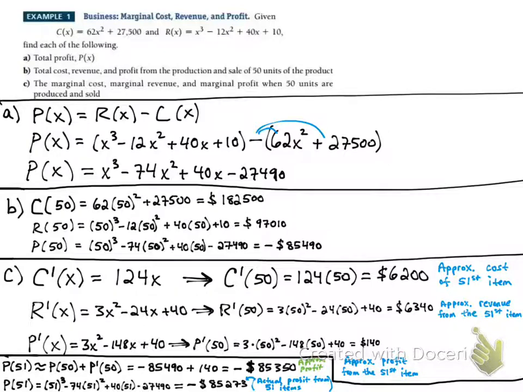You can see that the two numbers are pretty close to each other, but they're a little bit different. So the marginals won't approximate something perfectly, but they do give us a pretty close estimate when we don't have enough information to find the real number. In this case, we had both functions, so we were able to compute the real number and the approximate number, but most of the time we don't have the real function, so we just have to approximate using the marginals.